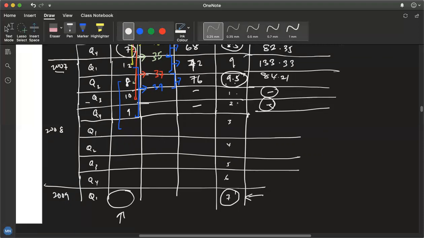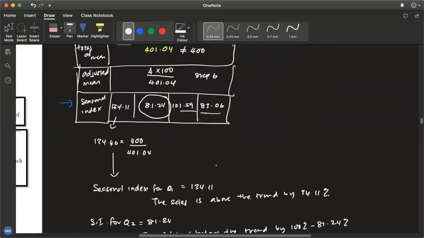So we calculate how many steps we skip from the last trend value. The last trend value is 9.5. So 1, 2, 3, 4, 5, 6, 7. We skip 7.